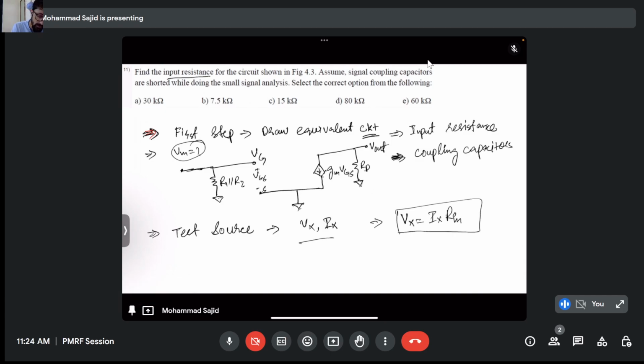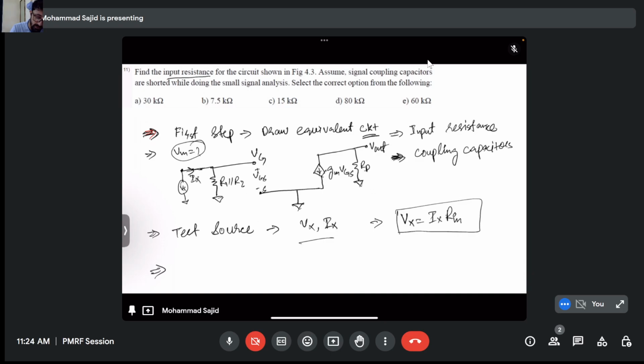So I will use a test source here, Vx, and current Ix flows. So what I will get is my Rin.